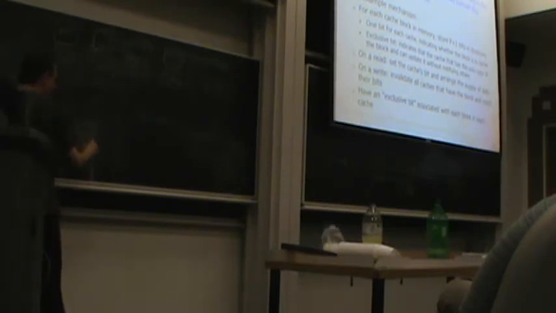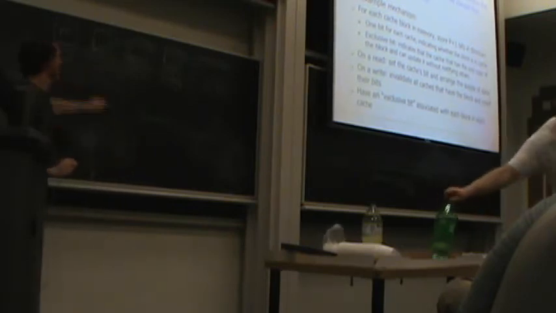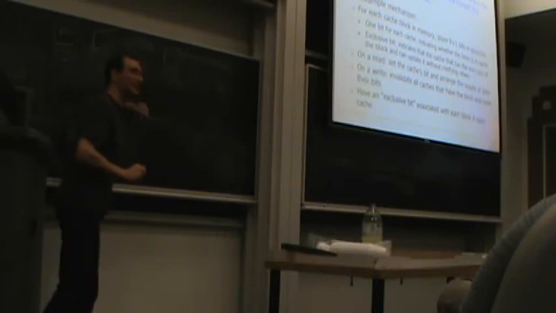Memory is divided into cache blocks, logically, and with each cache block, you store some information telling where the cache block is cached in the entire system.